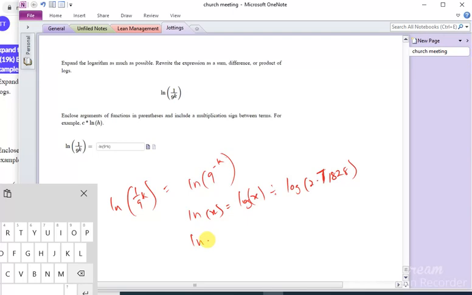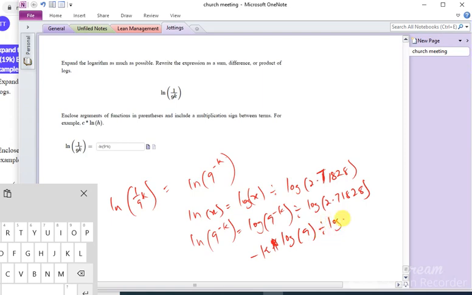So in this case, ln of 9 raised to the power minus k becomes log of 9 raised to the power minus k divided by log 2.71828, which can also be written as minus k asterisk log 9 divided by log 2.71828.